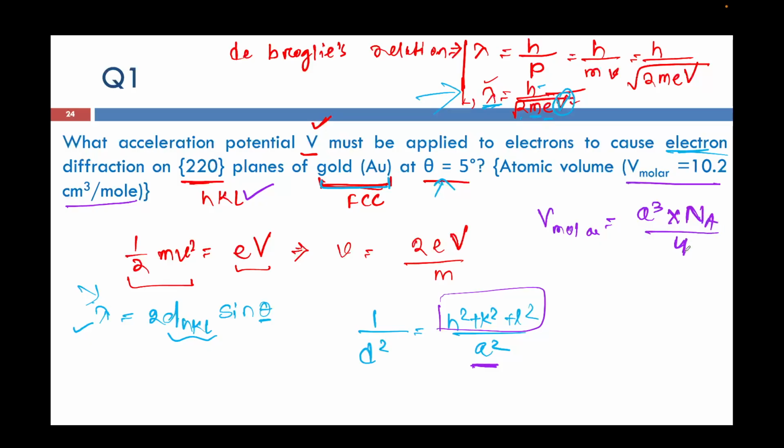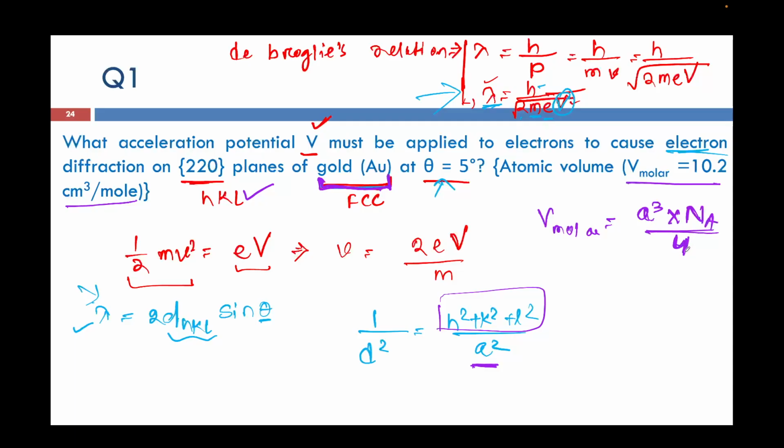Why is this 4 coming? Since in FCC there are 4 atoms present in a lattice, the molar volume which will be contributed is due to 4 atoms. But I need only the molar volume of 1 atom. So that is why I will divide by 4.